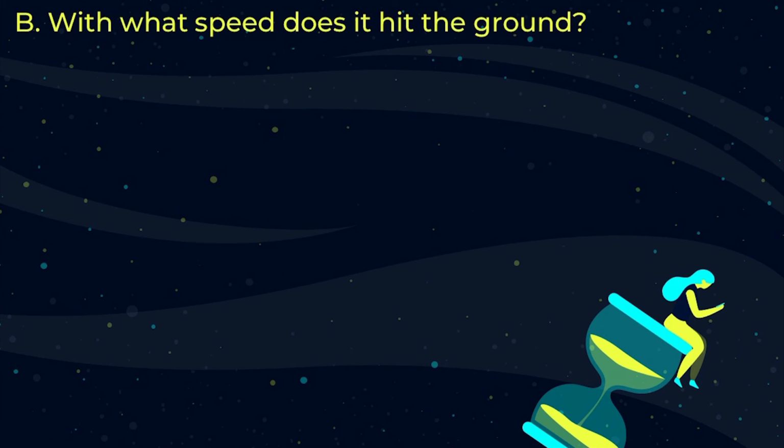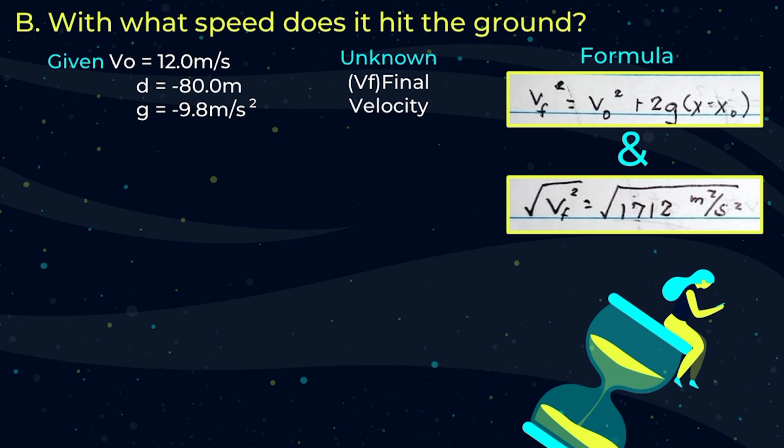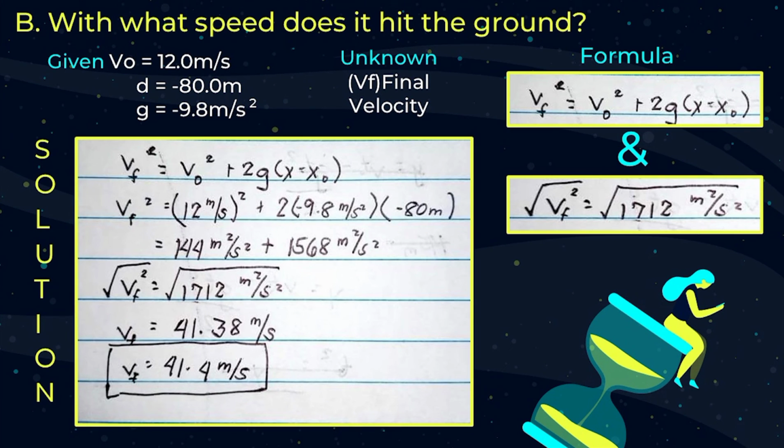For the second question, with what speed does it hit the ground? The unknown for this question is speed. The formula that we use is final velocity squared equals initial velocity squared plus 2gd. In this case, the solution is final velocity squared equals 12 meters per second squared plus 2 times negative 9.8 meters per second squared times negative 80 meters.